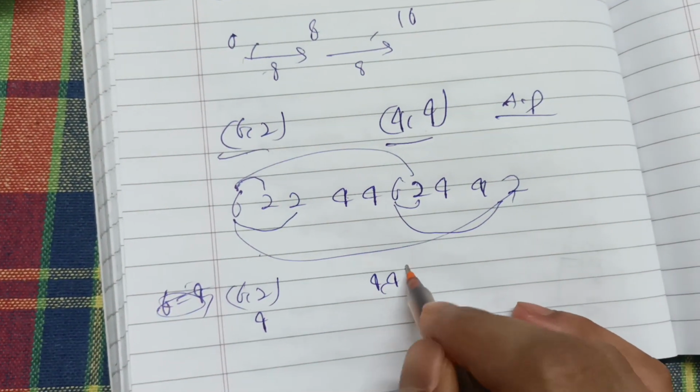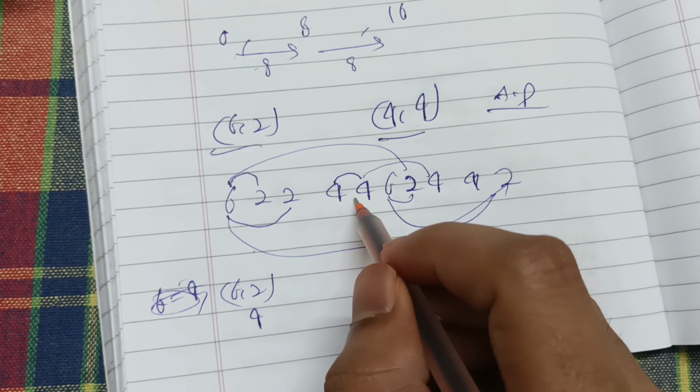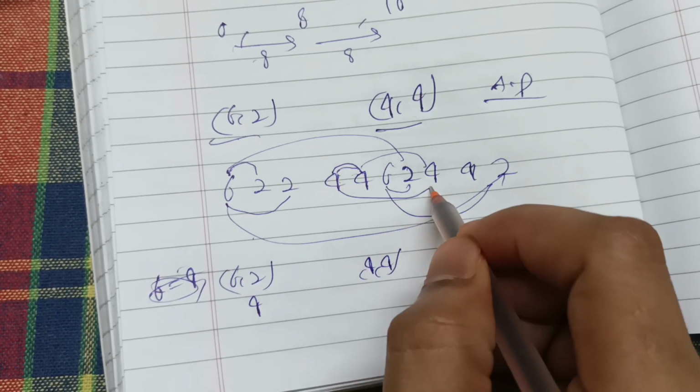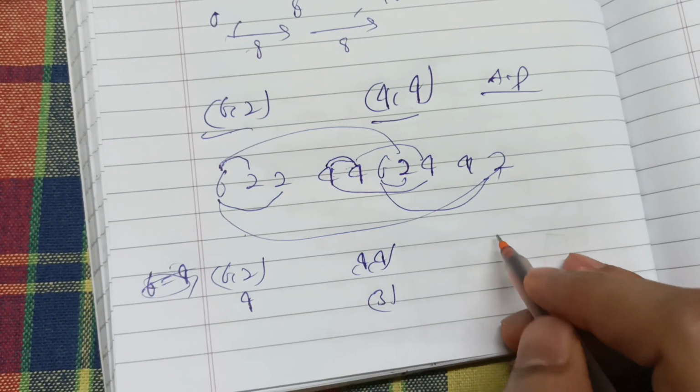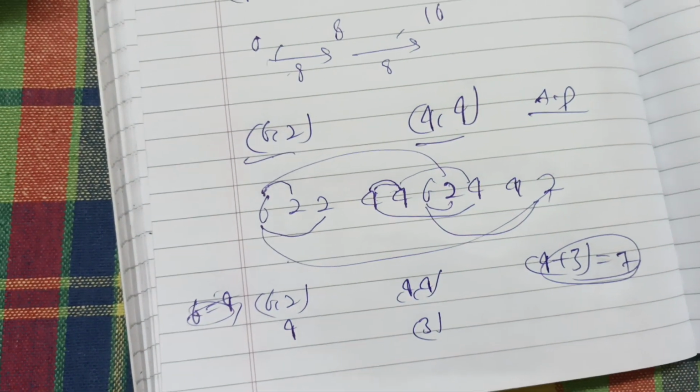For 4 and 4, the pairs give 3. So 4 plus 3, which is 7 possible pairs.